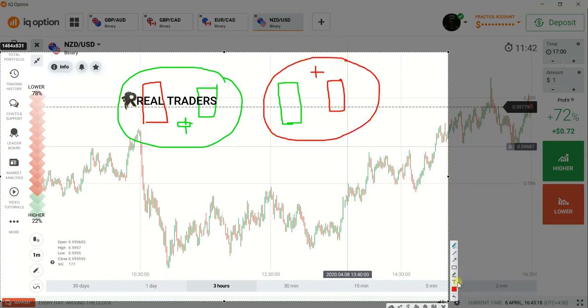So in binary, after the morning star and evening star pattern, we can mostly expect a retracement candle. What is the retracement? You can see here it is a bullish candle, so we can expect another bearish candle after this pattern.